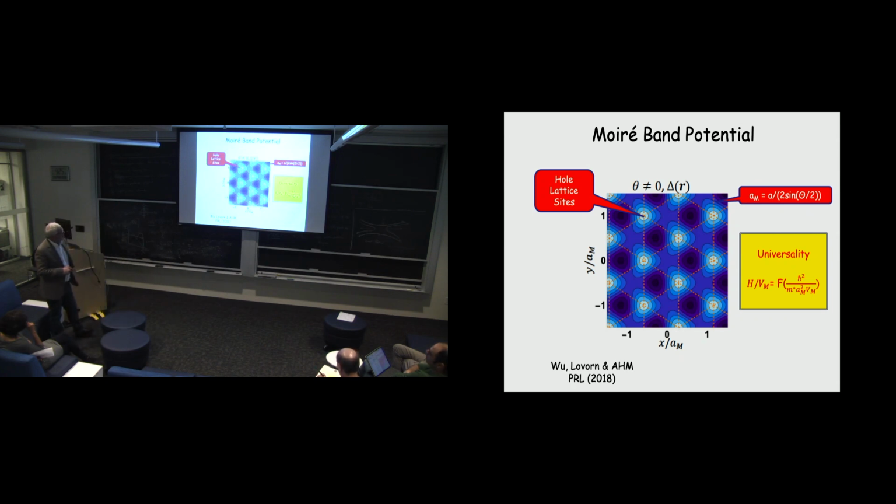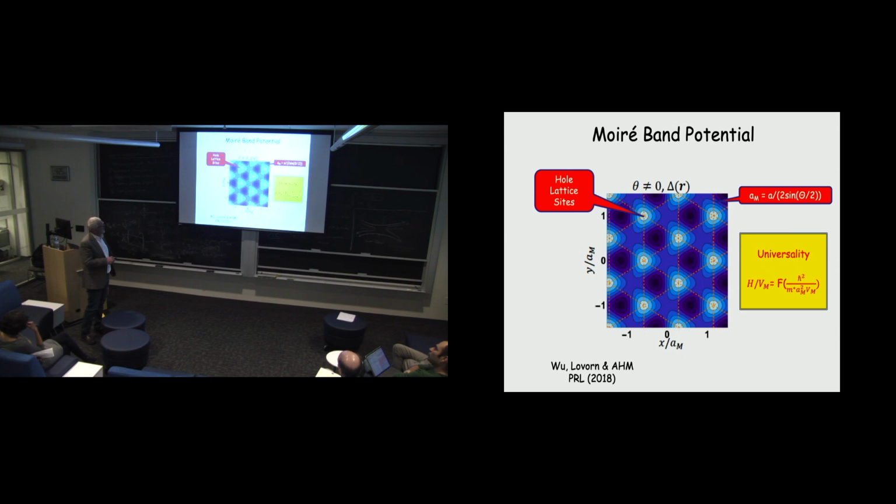So if I keep track of that effect, then what happens when I have a Moiré superlattice is basically this periodic potential, which has a scale of some tens of milli-electron volts and is keeping track of whether the orbital is sitting on top of a selenium or sitting on top of a tungsten or whatever.